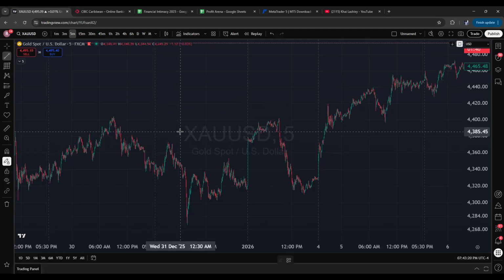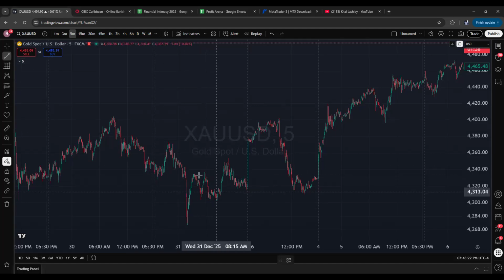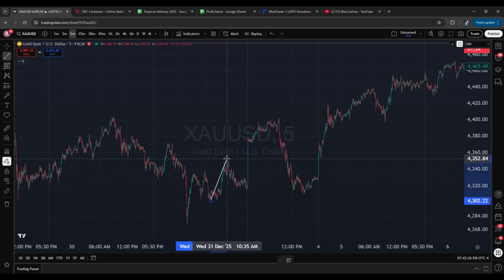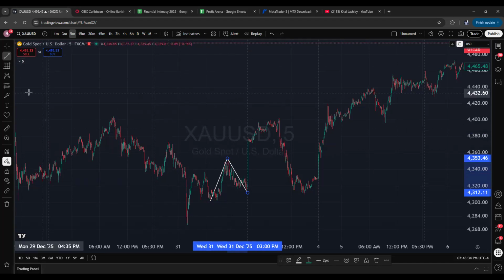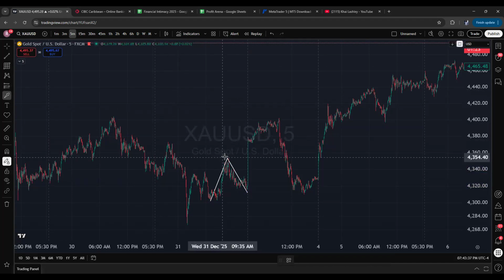So for example, in this scenario, this was your move up here. This was the push back down right here. Boom, price broke above this high.